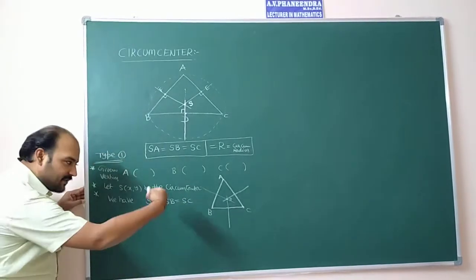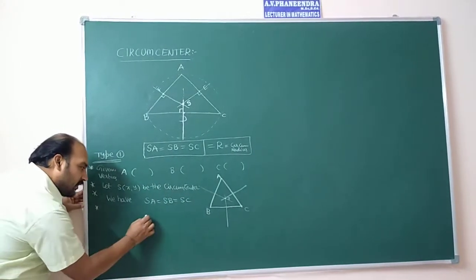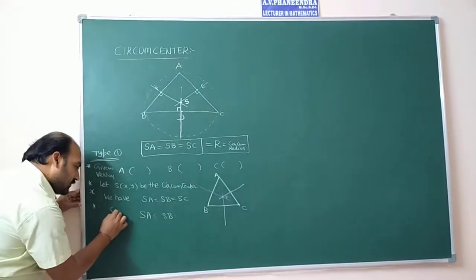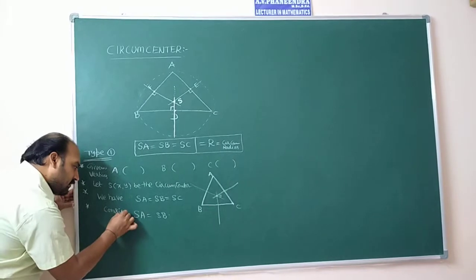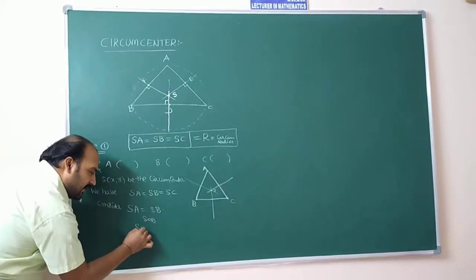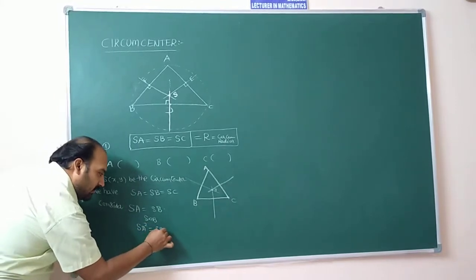In the next step, consider SA is equal to SB, squaring on both sides and simplify. SA square equal to SB square.